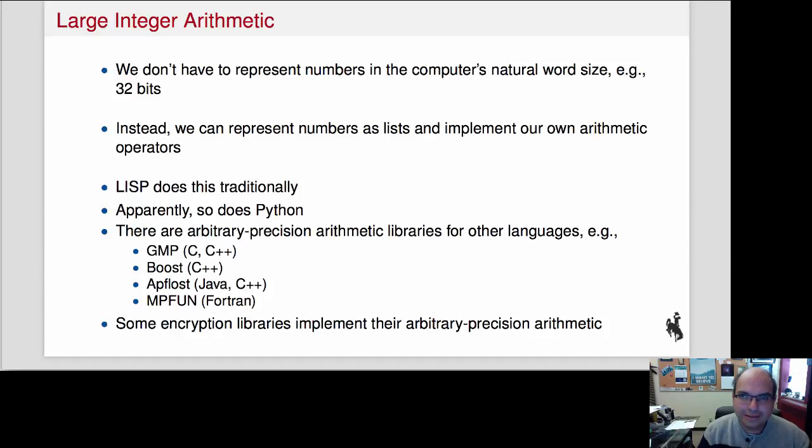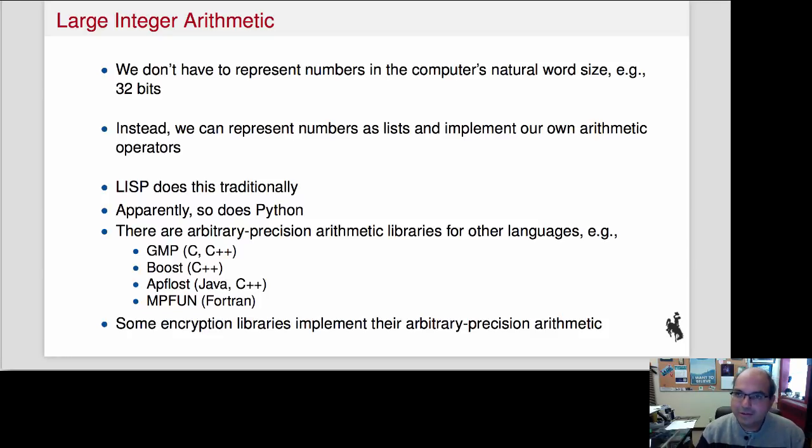That's 8,000 digits, each of which is a byte, so it's 0 to 255, so 8,000 base-255 digits. Those are big numbers. Those are very big numbers. So it's not surprising that most encryption libraries actually have their own large integer support. They could have used some of these libraries, but the development was kind of in parallel, so a lot of them just do their own thing. But they all have large integer arithmetic.